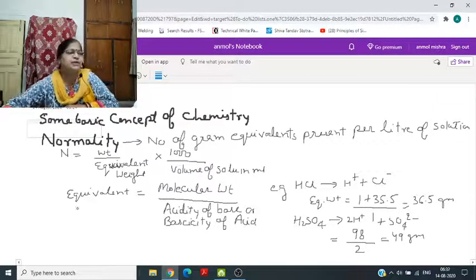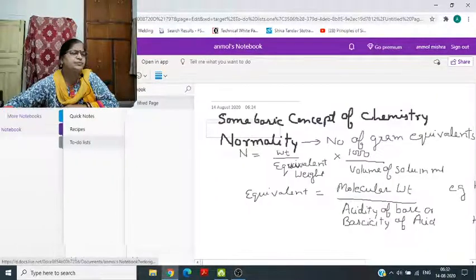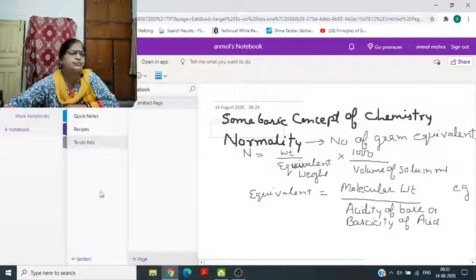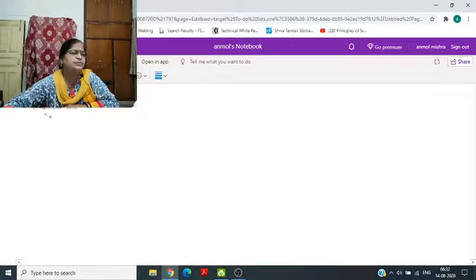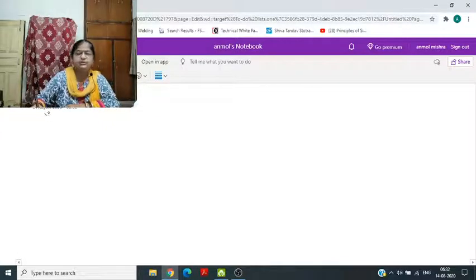Next example, one more example I will take. You can take the third example, that is H3PO4. H3PO4 has 3 H plus and PO4 3 minus.